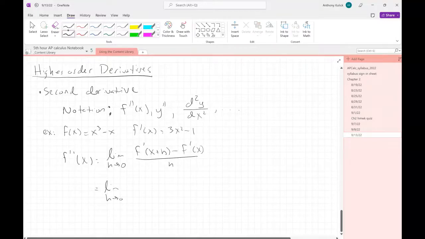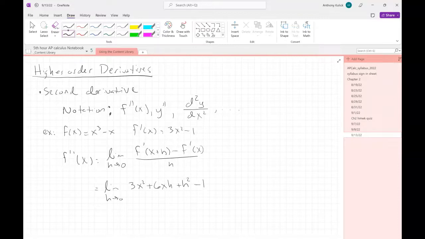So when I plug things in, I get 3x squared plus 6xh plus h squared minus 1 minus the quantity 3x squared minus 1 all over h.